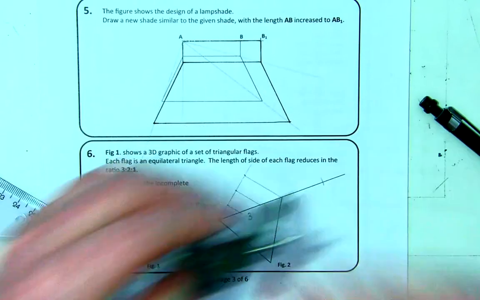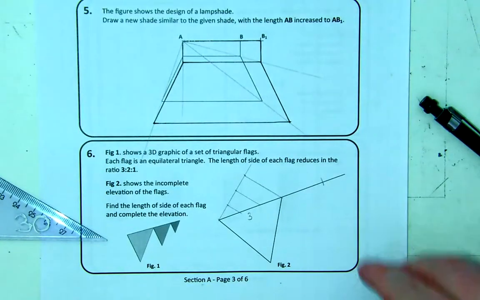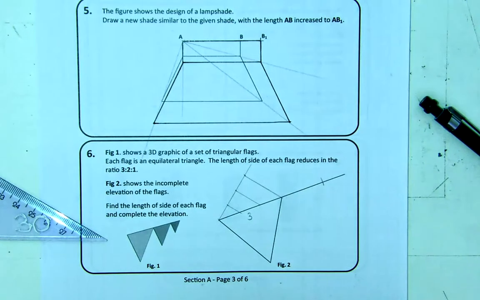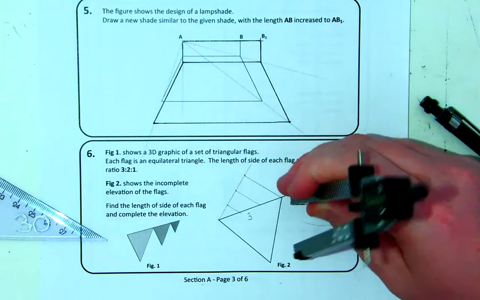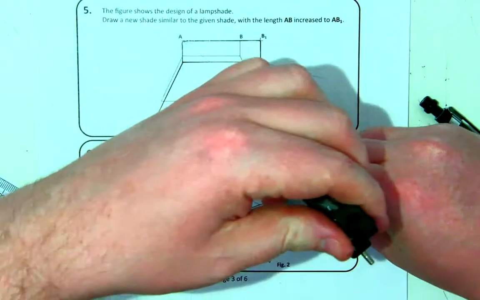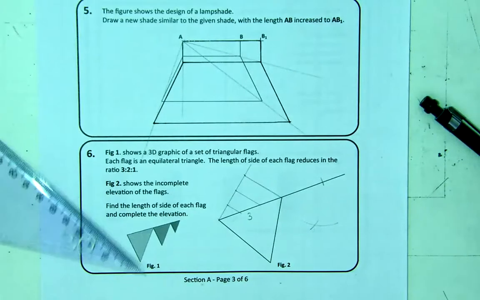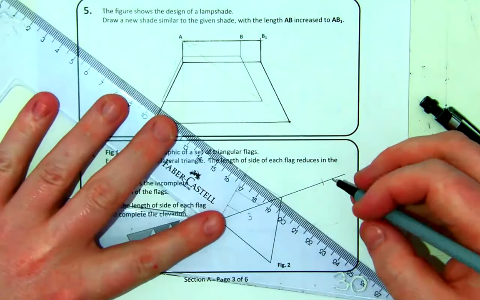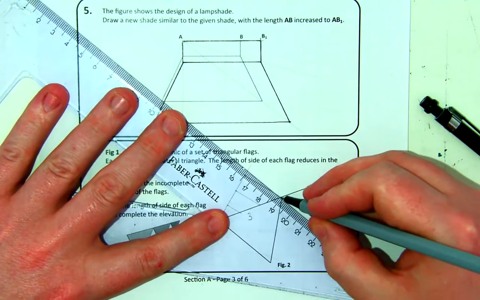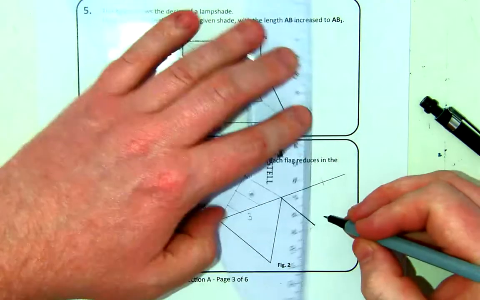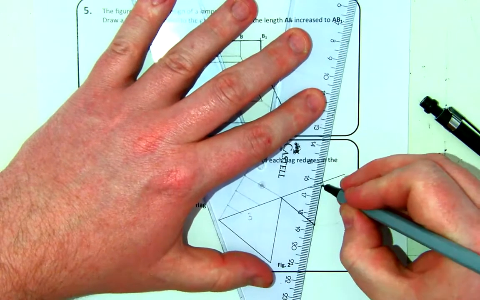So that's the base of the 2, and that distance is going to be 2. So I can mark the top of that triangle with the compass if I want. There we go. So there's 2 units. That side is 2, and the base is 2.